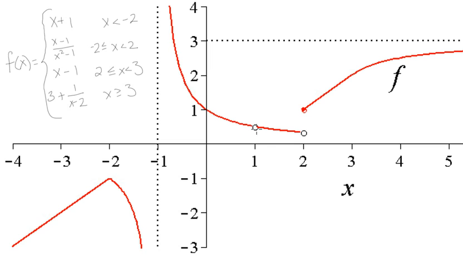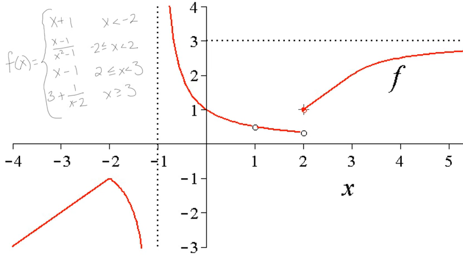At x equals 1, because of the denominator, you have a point discontinuity. And then where the function changes at x equals 2, you have a jump discontinuity where you have to pick up your pencil and pull it up.